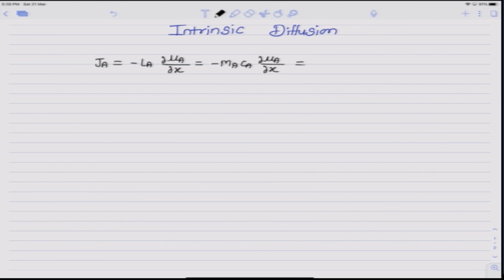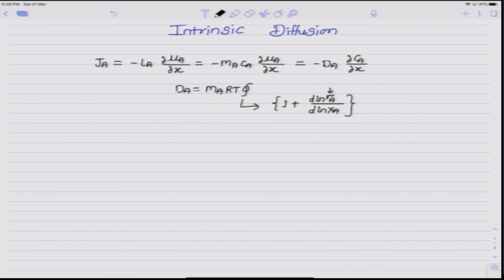And in terms of intrinsic diffusion, we wrote minus D_A ∂C_A/∂x, and we derived the relation D_A is equal to M_A RT φ, where φ is the thermodynamic factor, which is nothing but 1 plus d ln γ_A over d ln x_A. γ_A here is the thermodynamic activity coefficient.